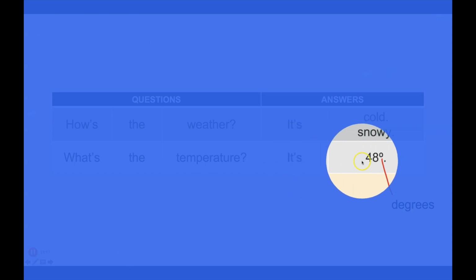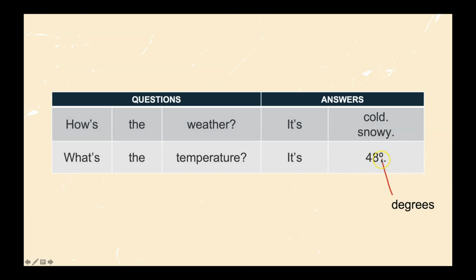And again, we have this little circle. Remember circle? And we say degrees. And we have that S if it's 2 or more. If it's just 1, it's degree. So 1 degree. Here we have 48, so we say degrees. And again, it sounds kind of like an S or a Z.